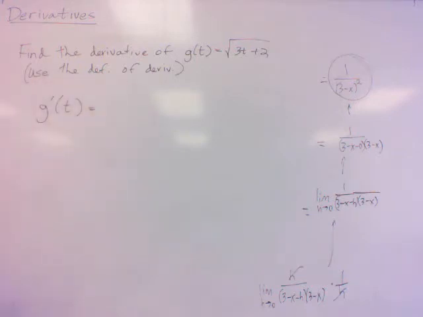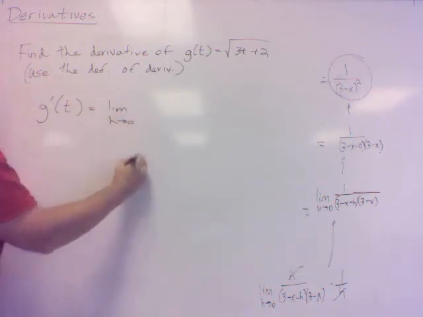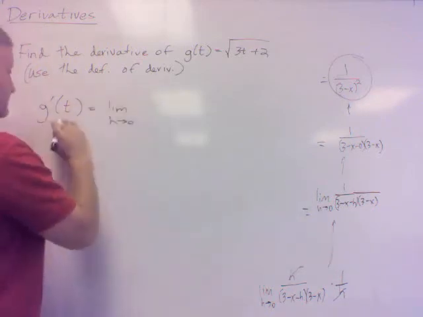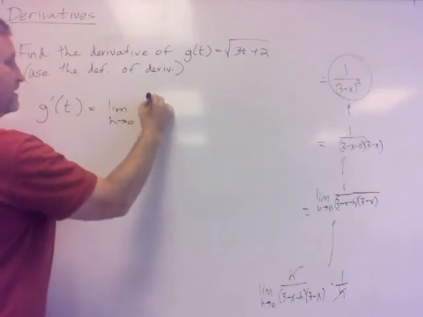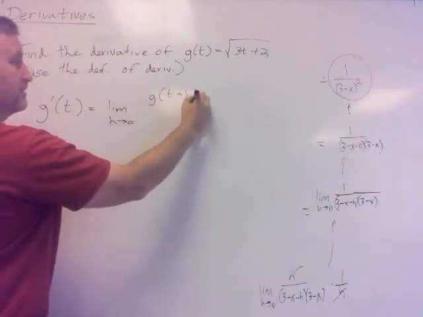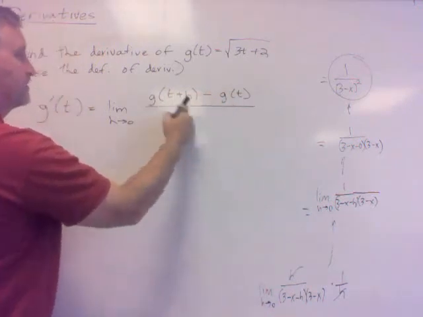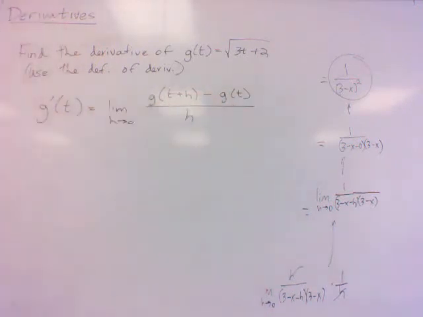Well, it's going to be the limit as h approaches 0 of, instead of f of x, I've got g of t again, so it would be g of t plus h minus g of t over h. Instead of f of x, I'm changing everything over to g of t's.